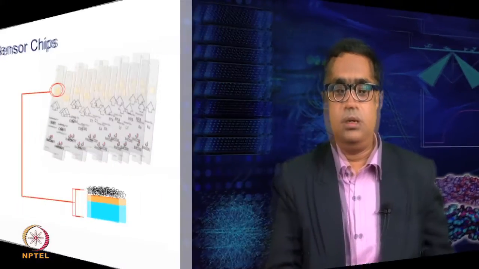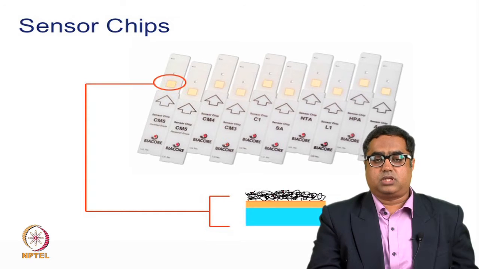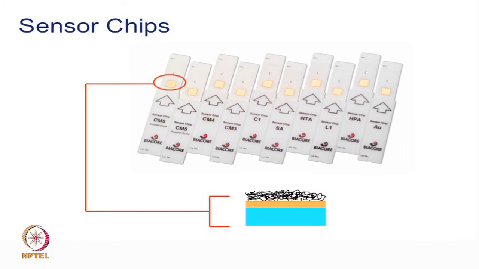The various chips available for any SPR experiment, to start with, are CM5 chips, CM4 chips, CM3, C1, streptavidin or an SA chip, NTA chip, L1, HPA, and AU or a plain gold surface chip.